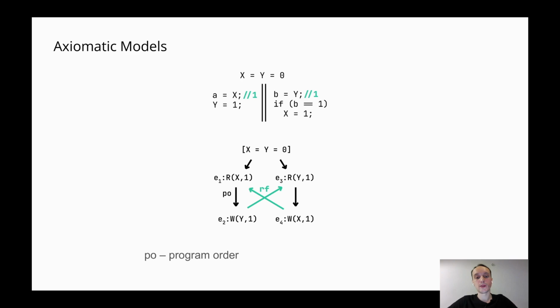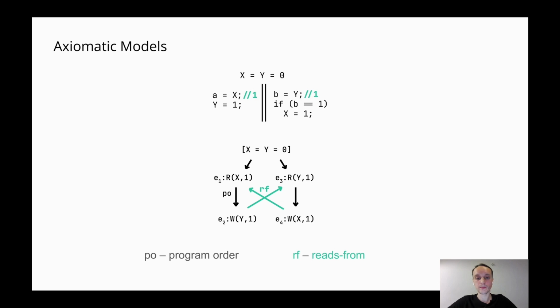Most notably, gray-colored program order edges represent syntactic order between the events, whereas green-colored reads from edges connect each read event to a single write event from which it takes its value.